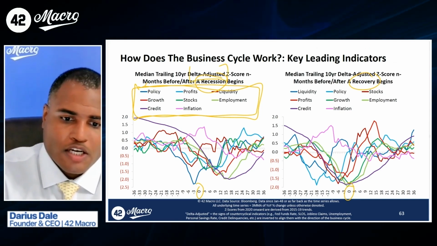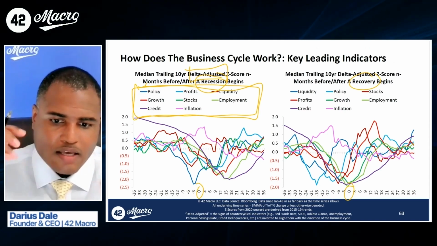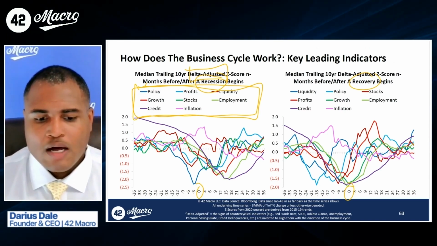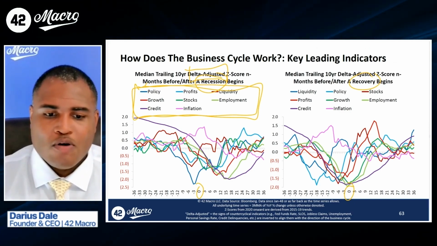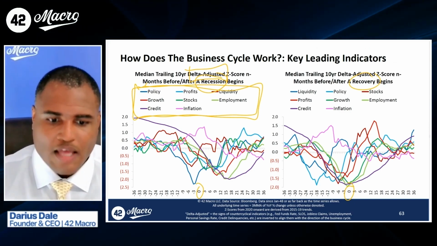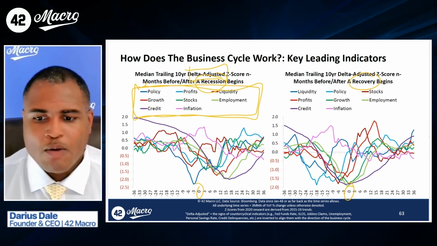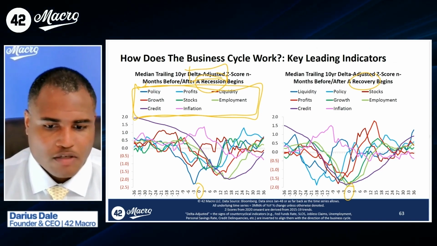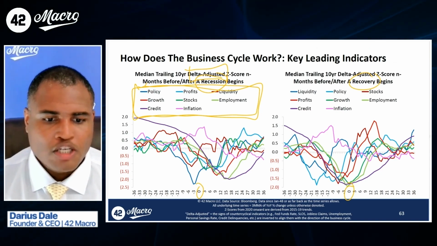What we mean by delta adjusted is we are orienting the time series in a way that corresponds to whether it's a business cycle downturn or upturn. For example, the policy rate itself going up is countercyclical to the business cycle, so we delta adjust it. That means that as it's getting worse for the broader business cycle, the value goes down. It just makes the analysis easier on the eyes with a lot less clutter on the chart. It doesn't mean anything statistically. We're just making it easier for you to consume. So just be aware of that.